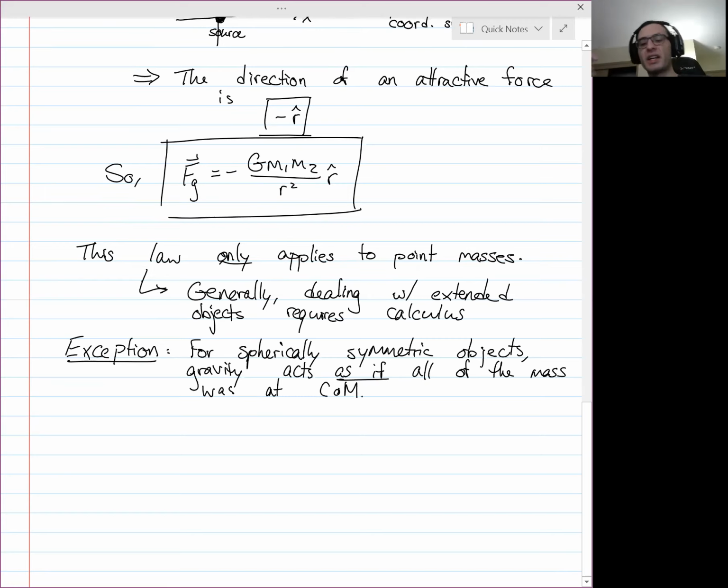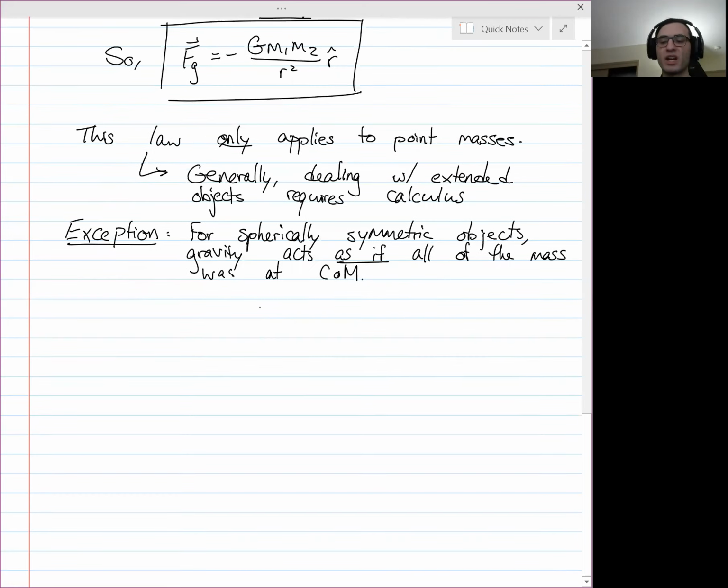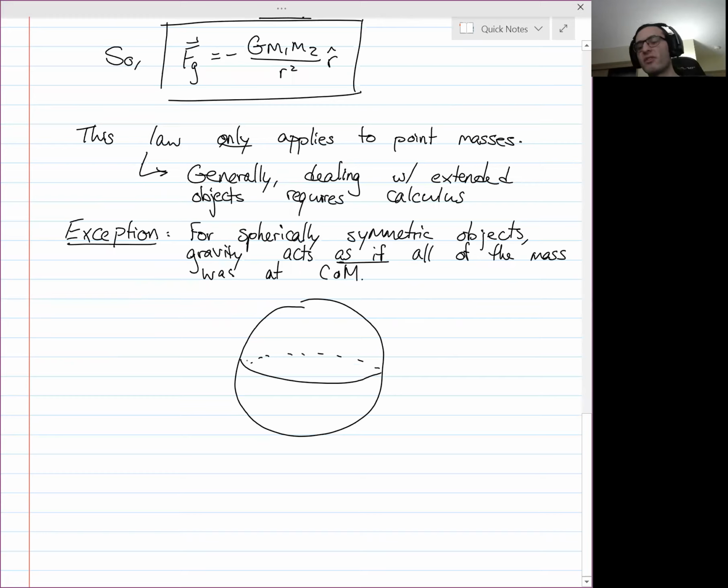So what I mean by that is that, let's say that you have a sphere, and the density of the sphere is not uniform, like a solid sphere, right? Ball. Maybe the density of the sphere isn't uniform, but the density is spherically symmetric, meaning the only thing that the density depends on is the distance that the point is from the center of the sphere, i.e. if you rotate the sphere, nothing's going to change.